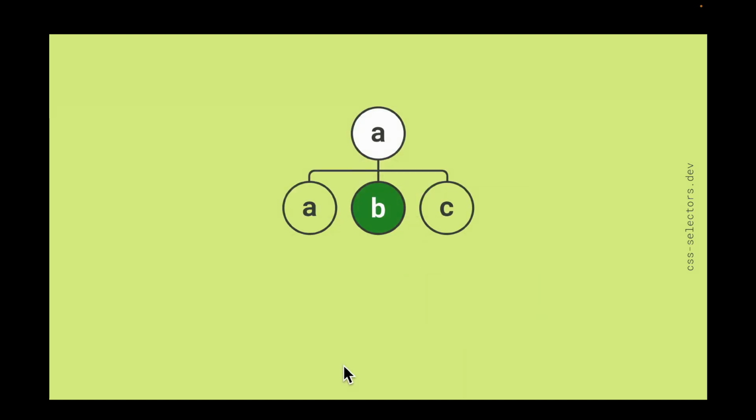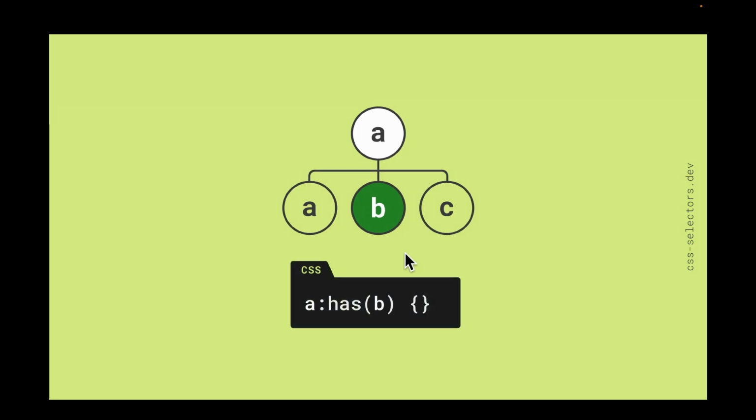Then you might be wondering, is there any way we can select the parent element based on the condition of the child element? And yes, we can achieve it using the has pseudo-class. The has pseudo-class was introduced to exactly solve the problem of selecting the parent element based on the child element.